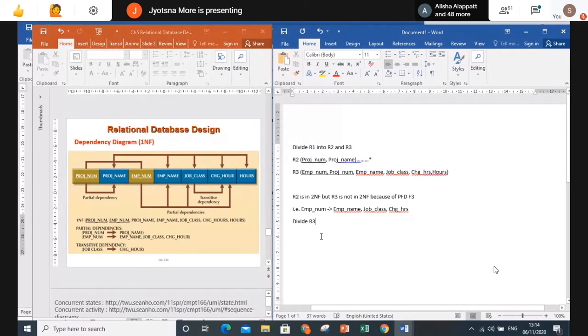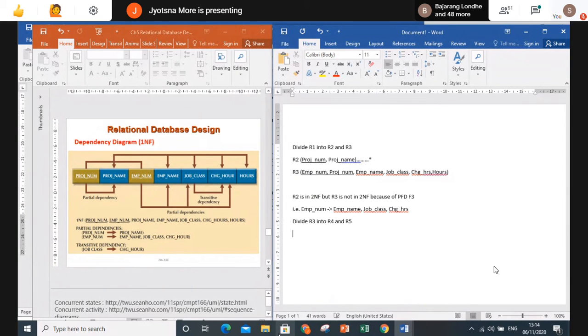So here we can divide R3 into R4 and R5. R4 and R5.